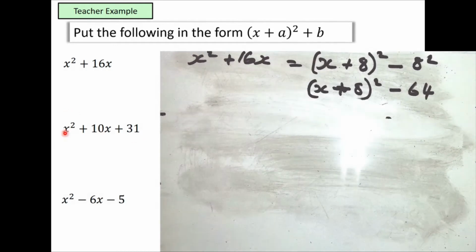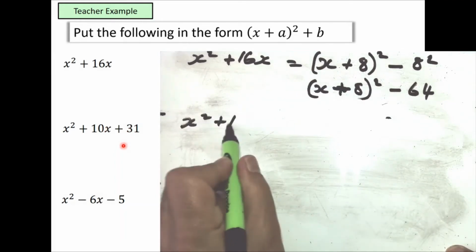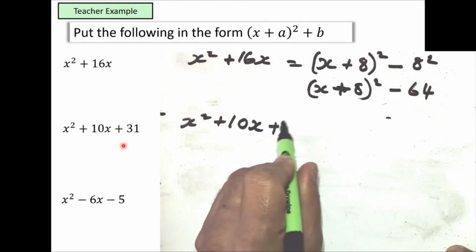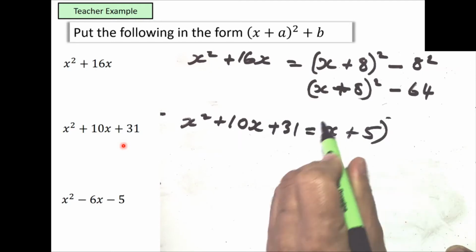So for the second example, we've got x squared plus 10x plus 31. I'm going to look at just the x squared plus 10x part first, and leave the 31 to the final step. So first part, x squared plus 10x plus 31 is equal to x plus 5 all squared.